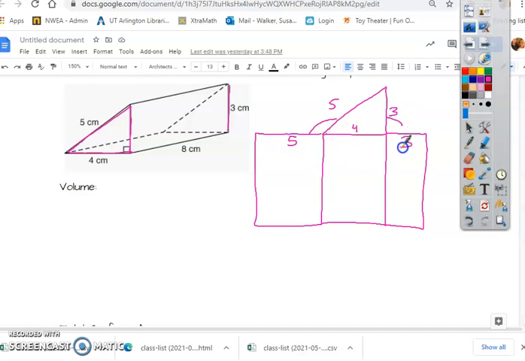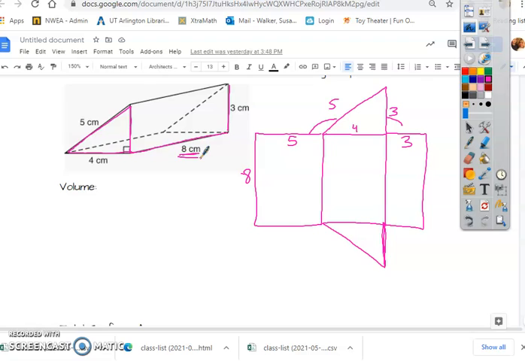These two fold together, so this is 3. And then we have the base right there, 2 congruent bases. Now, the only thing I don't know is the number connecting the triangles, and that is 8. This is the prism height, okay? This one right here is the prism height.